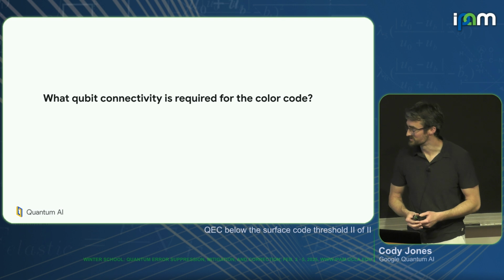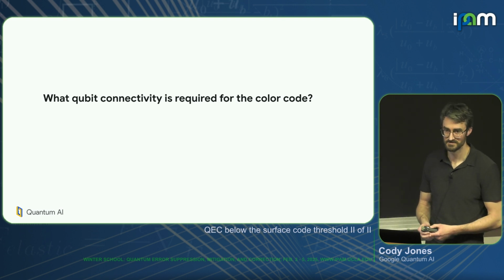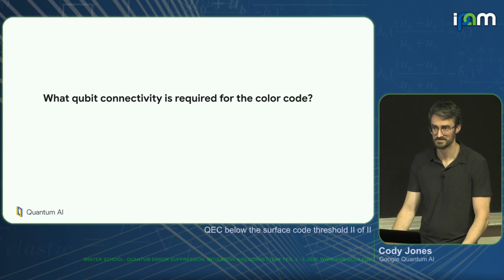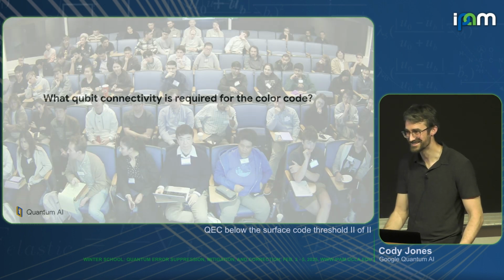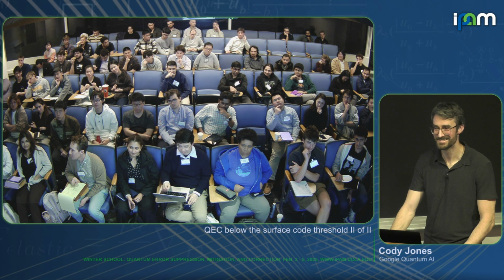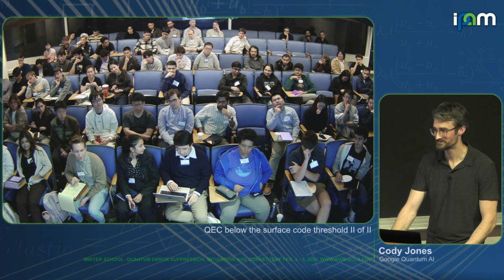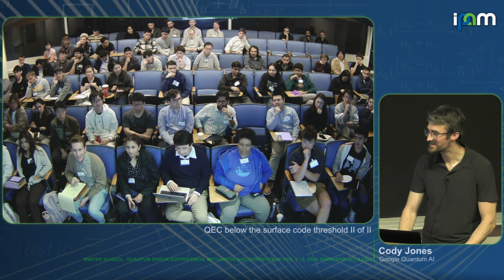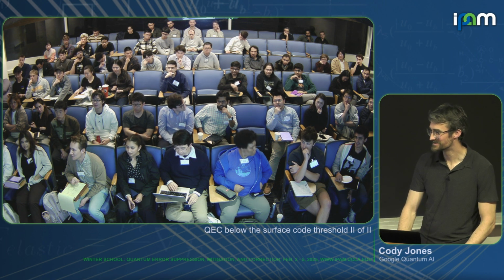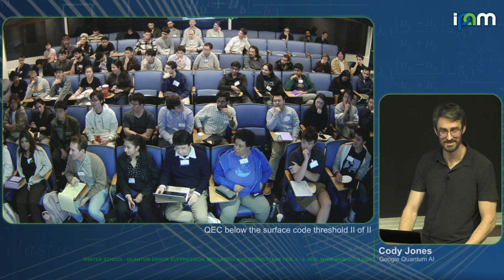All right. What qubit connectivity is required for the color code? Nearest neighbor. Oh, sorry. Do people want to shout it out, or anybody? Oh. I think it depends on the technology used.